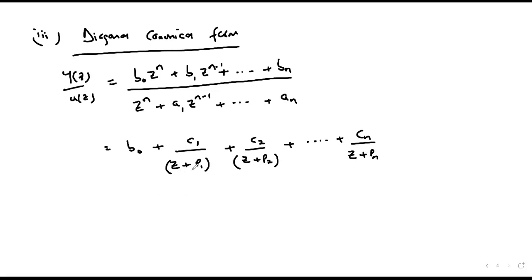Then, given the values of the residues of the poles and the poles of the given transfer function, we can obtain the diagonal canonical form of the state space representation as follows. The state equation is written as x1 of k plus 1, x2 of k plus 1, all the way to xn minus 1 of k plus 1 and xn of k plus 1.